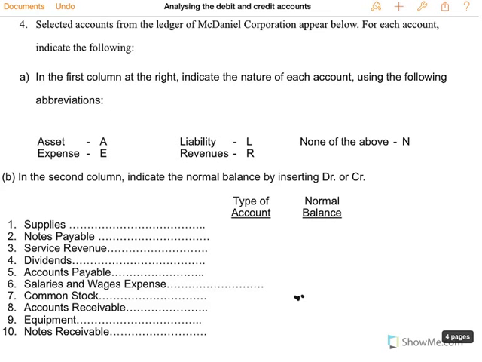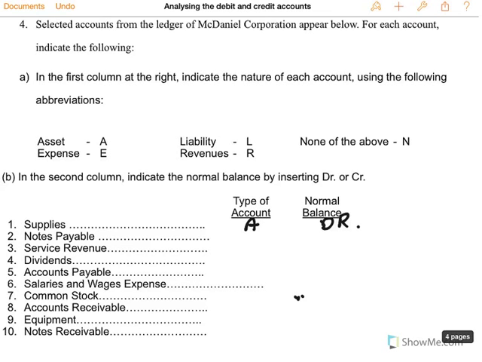Okay, number 4. Select accounts from the ledger of Daniel Corporation appear below. In the first column, indicate the nature of each account using assets, liabilities, expense or revenue, or N for nothing, none of the above. And in the second column, indicate whether it's a debit or credit. Okay, the supplies is an asset account, and normal balance for an asset account is a debit.